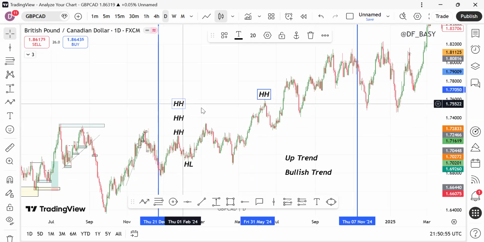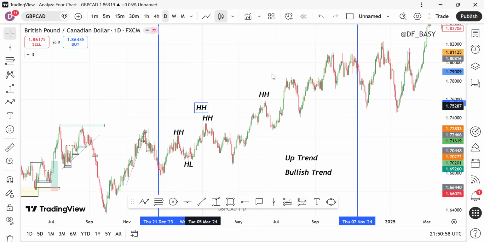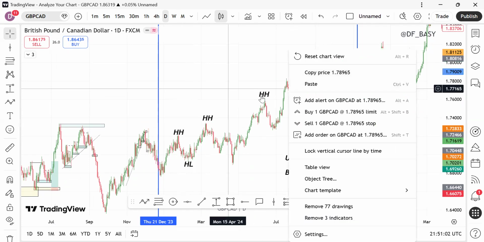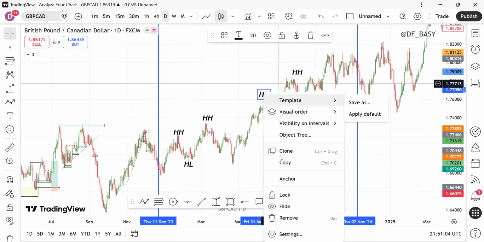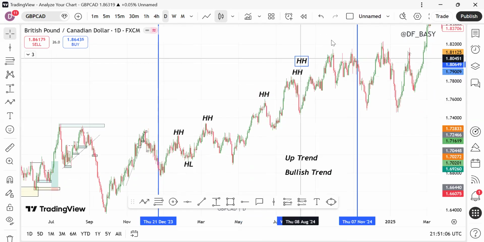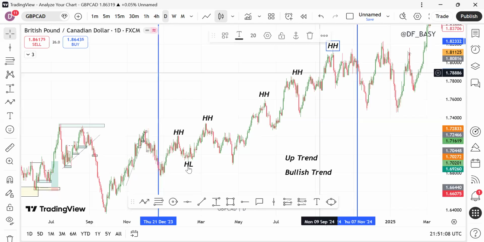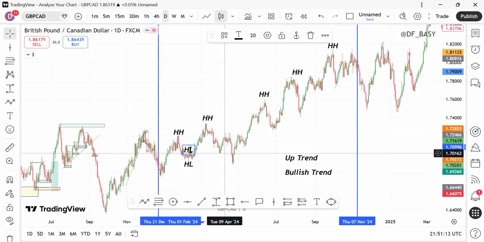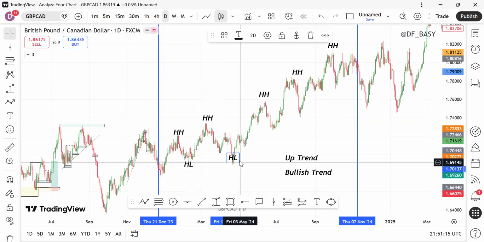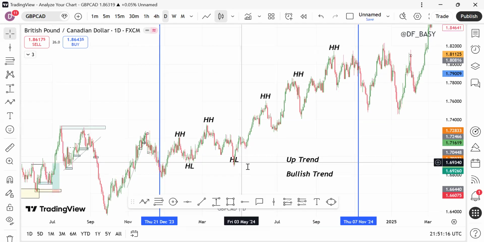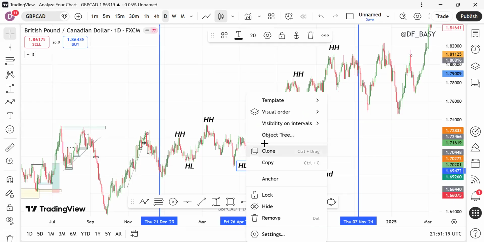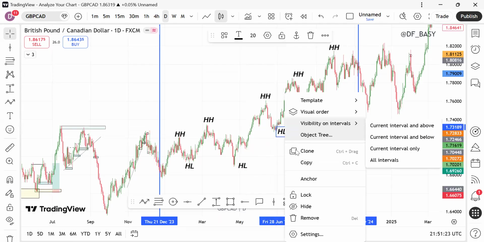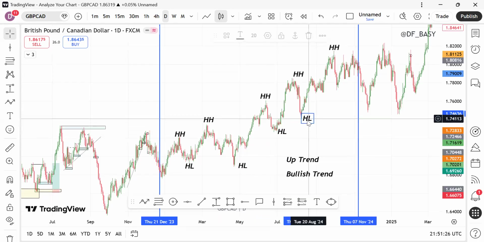This is a higher high, and this over here is also a higher high. As for the higher lows, this is a higher low, higher low, higher low.